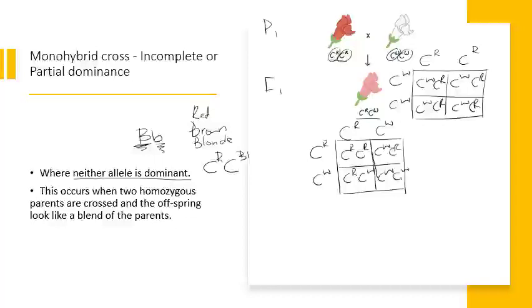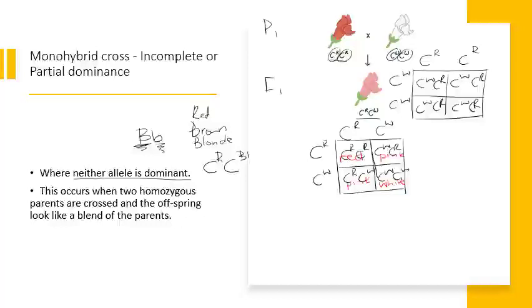Phenotypically, this would give me a red flower, this would give me a white flower, but over here I would have pink flowers.